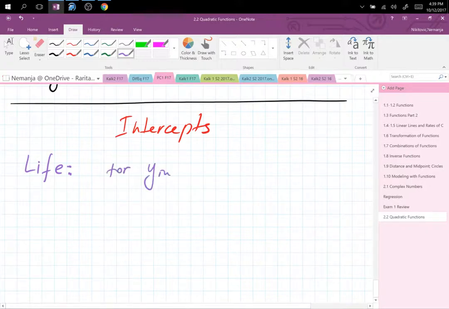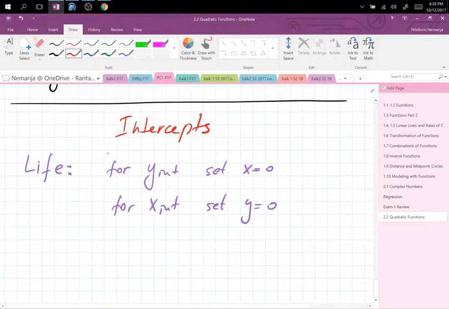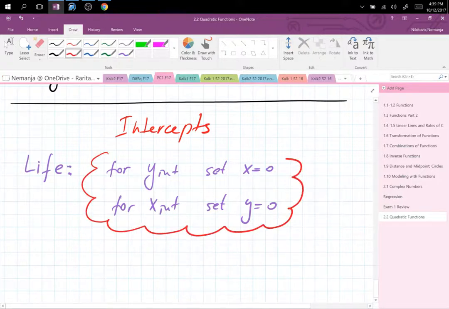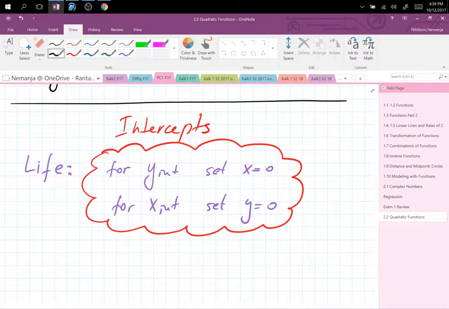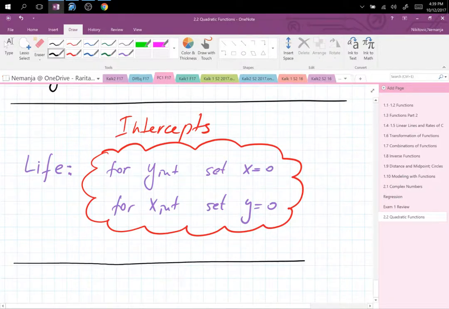For y-intercept, set x equal to 0. For x-intercept, set y equal to 0. Why did I call this life? Because every function in the galaxy is going to use this. So our quadratic functions are not going to be an exception to this at all.